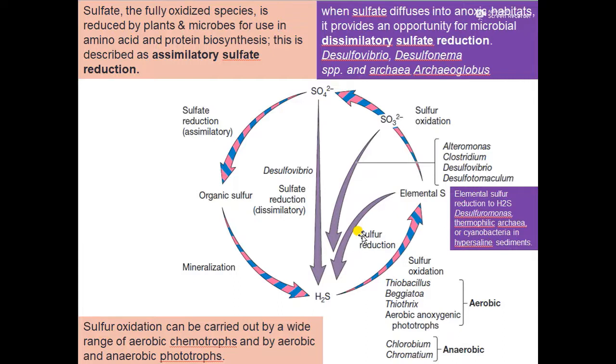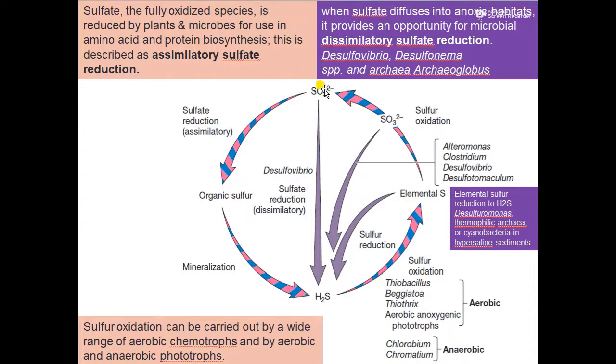You can find that anoxygenic photosynthetic organisms such as Chlorobium and Chromatium are mainly involved in the anaerobic process of sulfur oxidation, and various aerobic organisms such as Thiobacillus, Beggiatoa, and Thiothrix, as well as aerobic and oxygenic phototrophs, also take part in sulfur oxidation. So this is an overall view of the sulfur cycle.